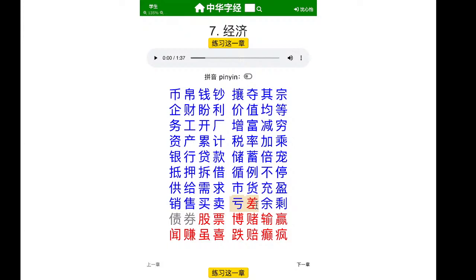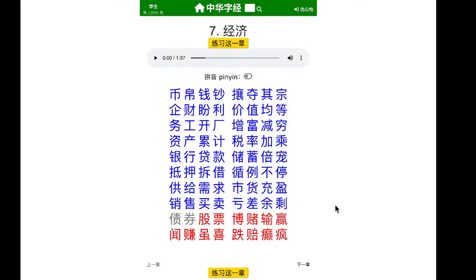what is the opposite of surplus in English? I suddenly can't remember. Surplus. What is the opposite of surplus in English? A shortage. Shortage, yeah. Shortages and surpluses, right? Losses, profits.